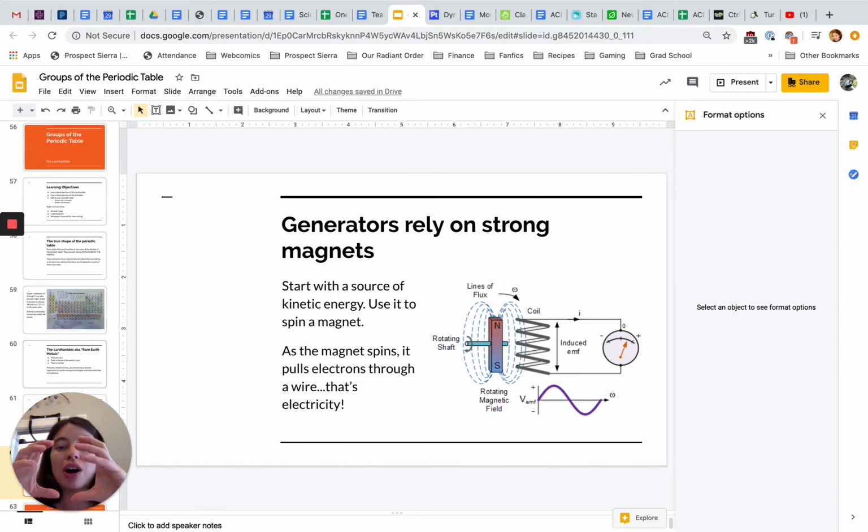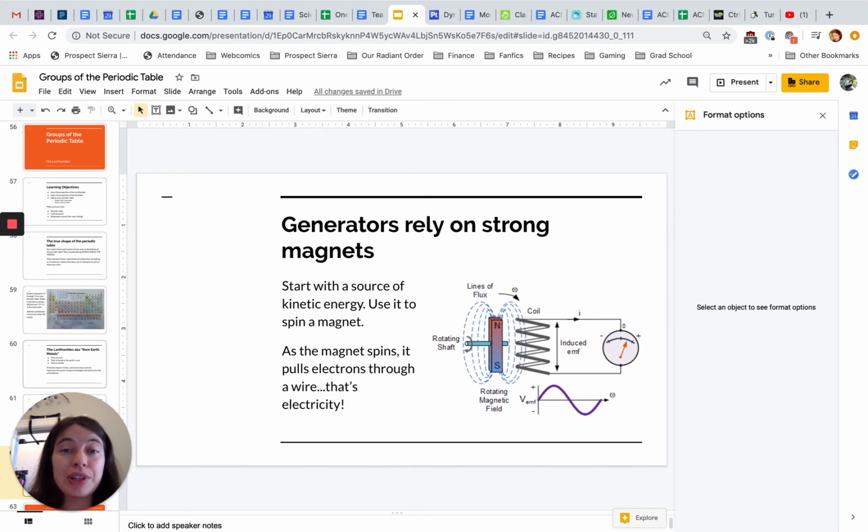Now, on that turbine, you have really, really strong magnets, something like neodymium, or honestly, most of these lanthanides, this whole row on the periodic table, make awesome magnets. And you have magnets on the turbine. So as the turbine spins, the magnets are also moving. And as the magnets move, you put them near a coil of wire. And as the magnets are moving near that coil of wire, they actually pull on the electrons in the wire.